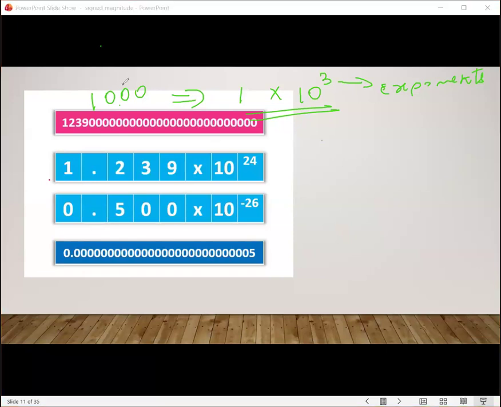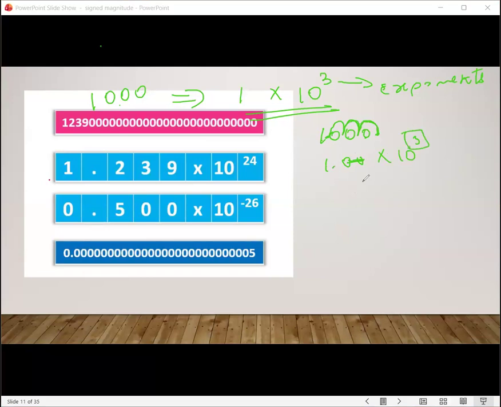The same example, 1000. Actually, 1000 means the decimal point is here. We have moved it to the left side: 1, 2, 3. And we've kept the point here, 1.000 times 10 to the power of 3. Since we have moved it left, the value is positive.